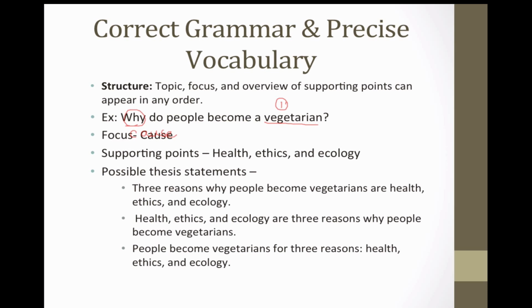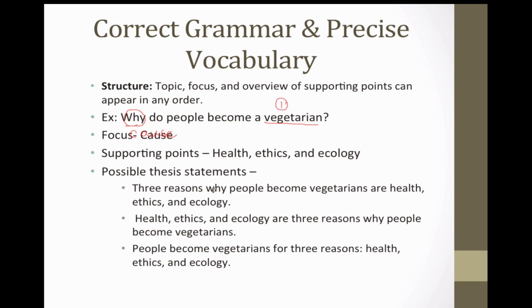All right, so here in the very first example, I have the general idea first. 3 reasons why people become vegetarians are, and then I list out the 3 supporting points. Number 2, I have my 3 supporting points first, followed by my focus and my topic.